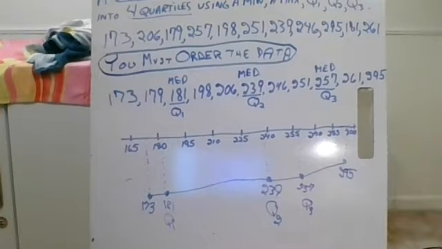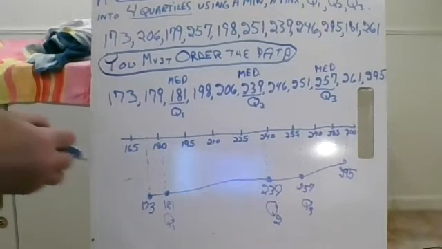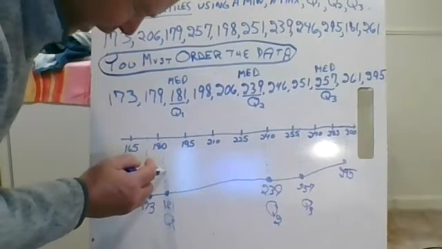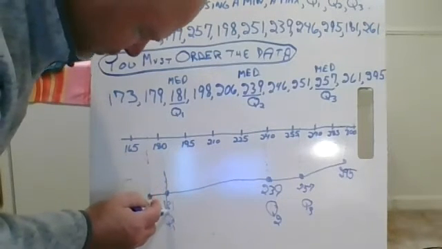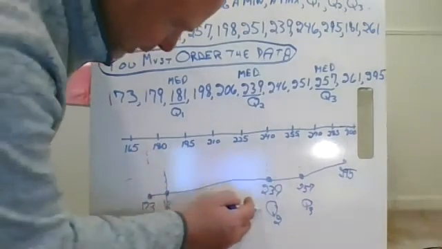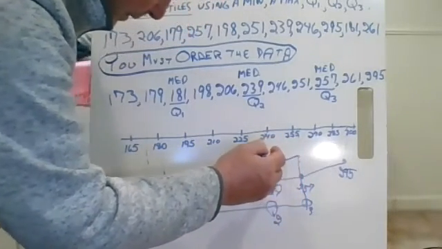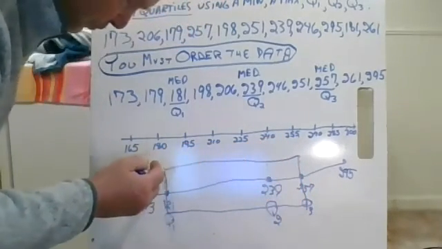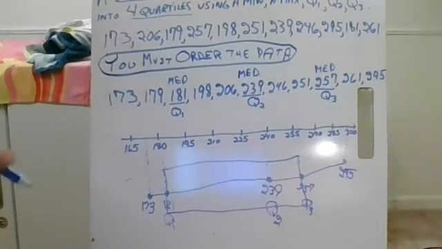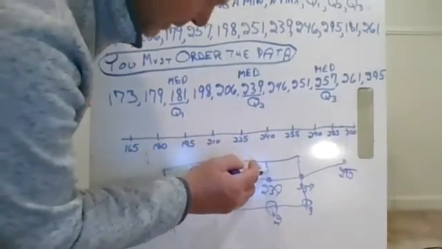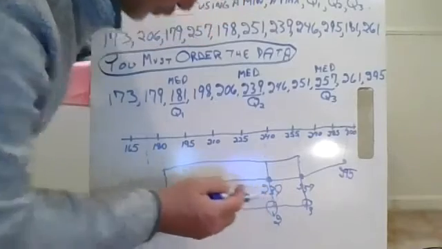All right. So now we have that set up. And now you draw your box. You go to Q1 and draw a segment through and over to Q sub 3. And there's your box. And then you draw a segment down through Q sub 2.